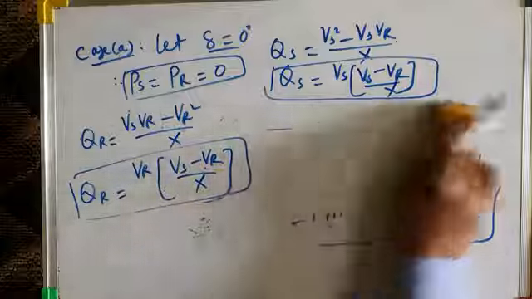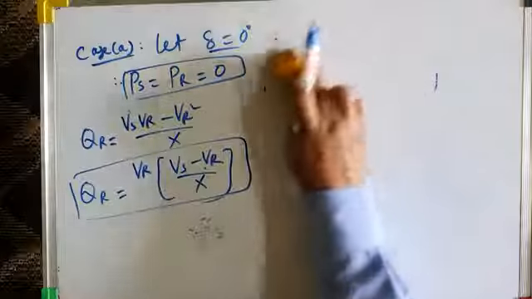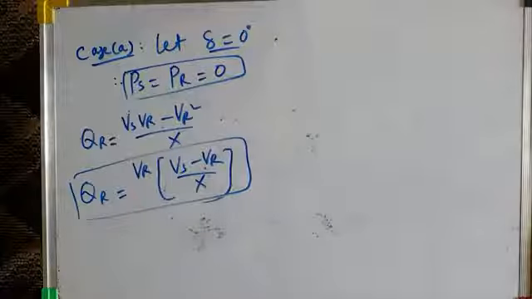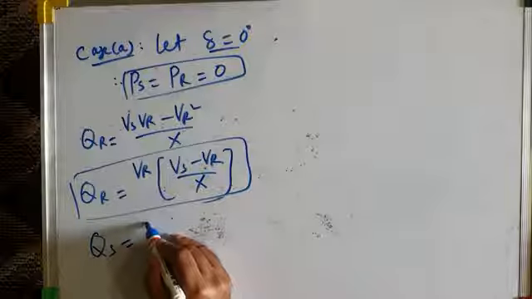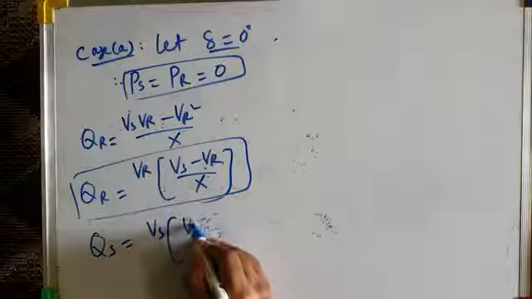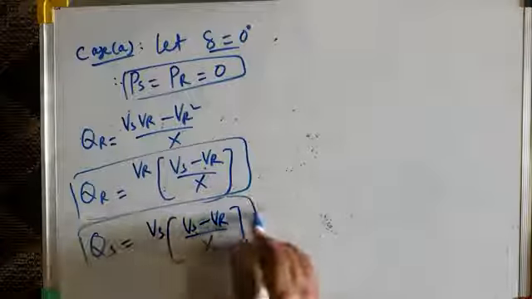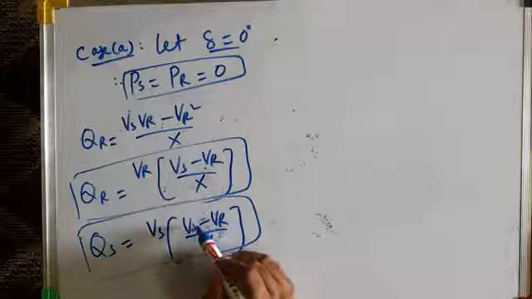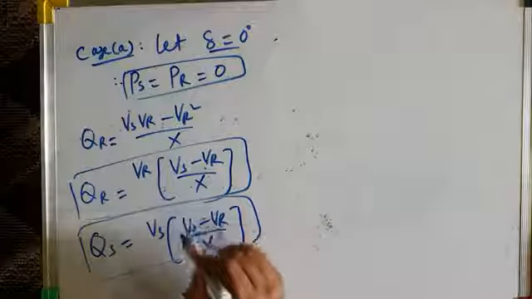Fine. Now, will reactive power flow from sending end to receiving end, or from receiving end to sending end? That depends upon the voltage. For example, Qs is equal to Vs times (Vs minus Vr) by x. Now, if sending end voltage is greater than receiving end voltage, this term will be positive.